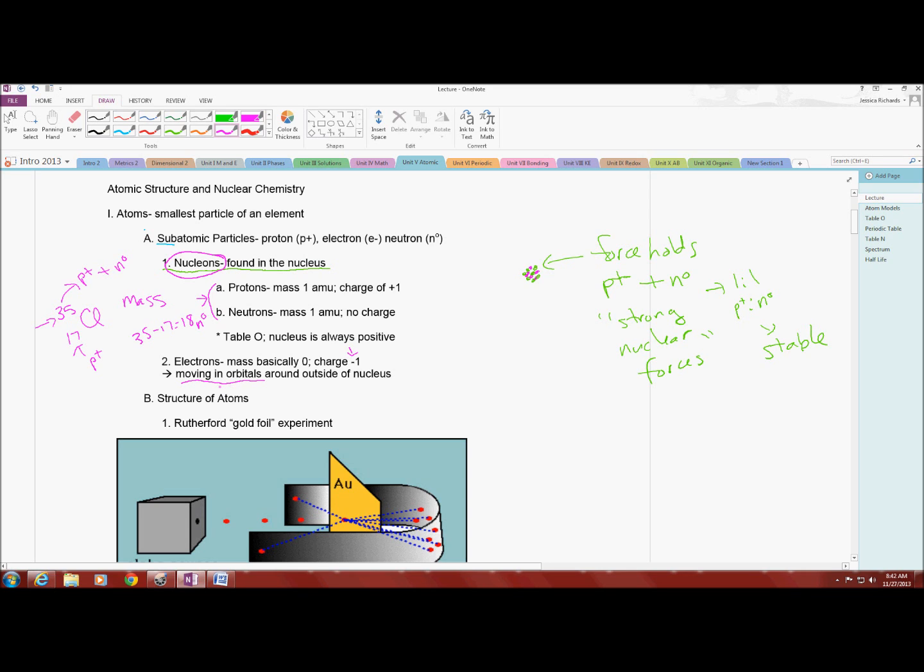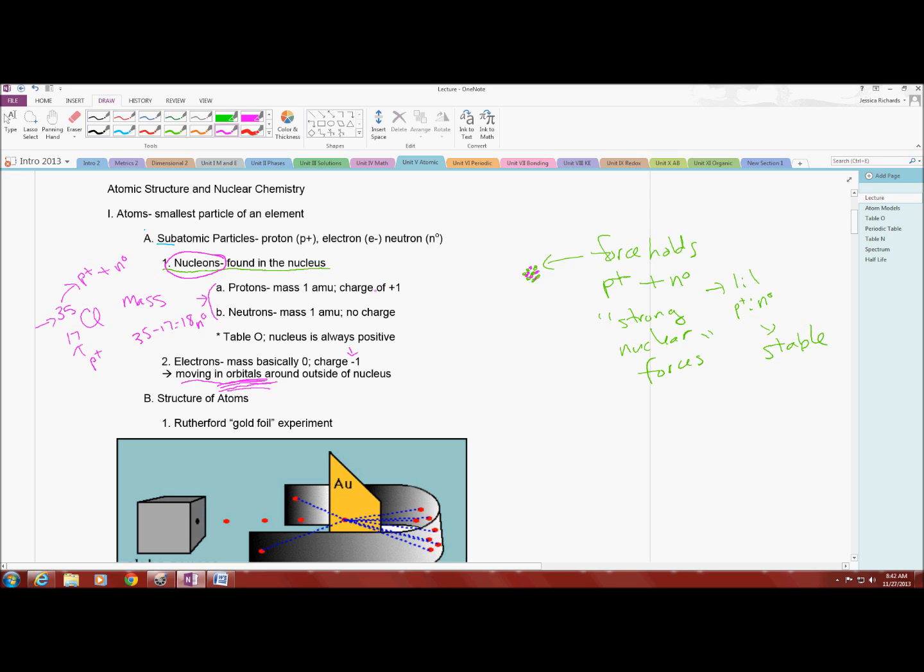Regions called orbitals. We will talk a lot about the orbitals, and we'll talk about orbital notation. And I will say this a whole bunch of times because one of the first questions on the final almost every single year has to do with where the electrons are found. And in the modern model, electrons are found in regions called orbitals moving around the outside of the nucleus.